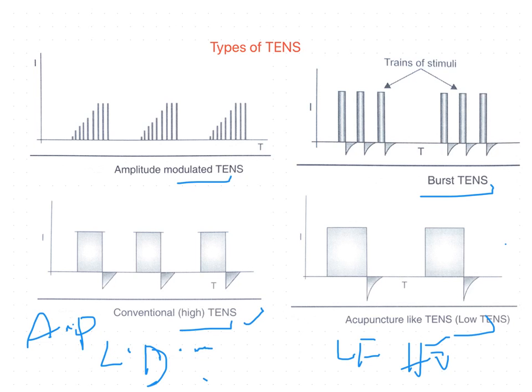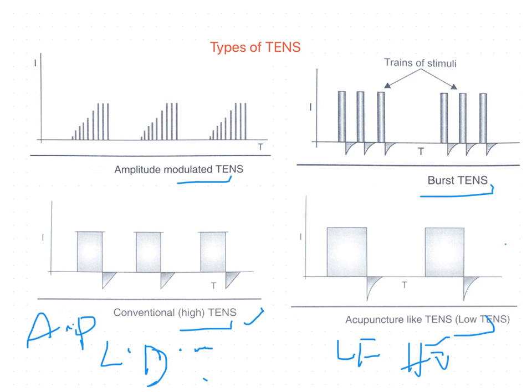And also this low TENS is primarily believed that the pain is suppressed by stimulating the descending pain suppression system. Thus, there is a relatively longer onset to analgesia, which lasts longer than the conventional TENS.